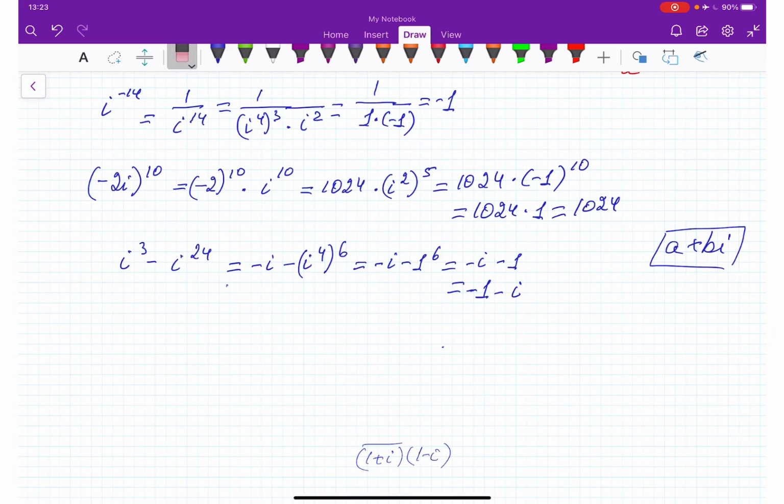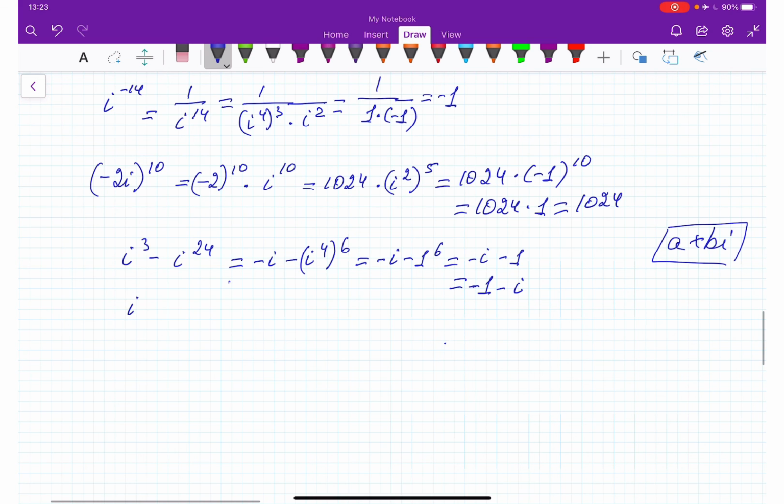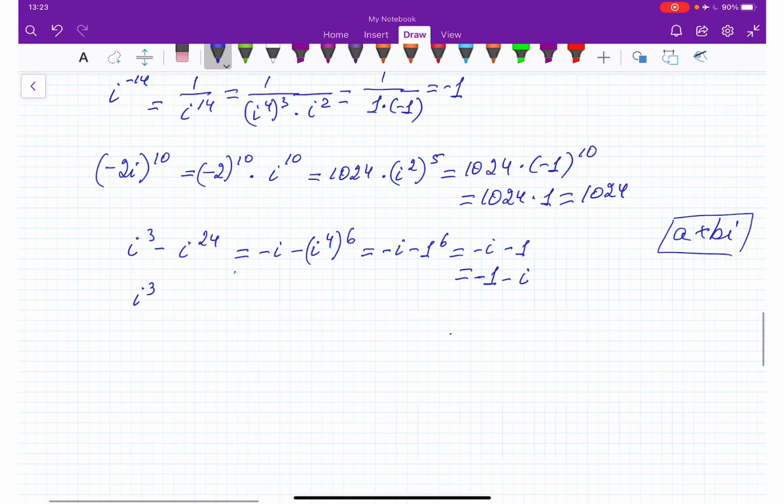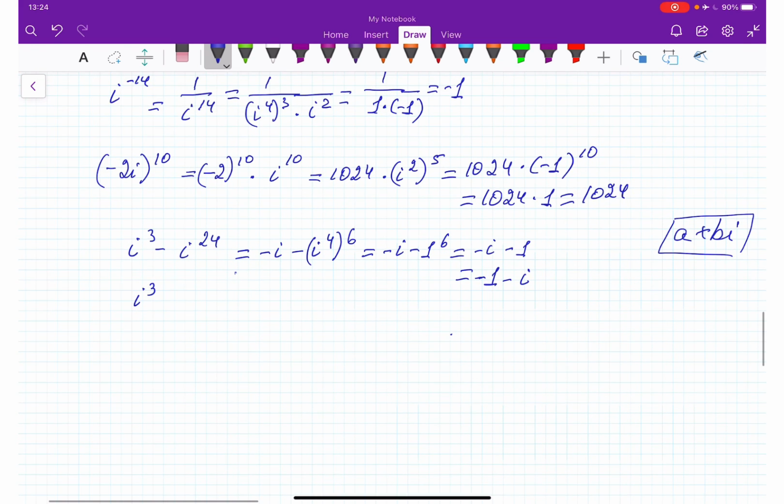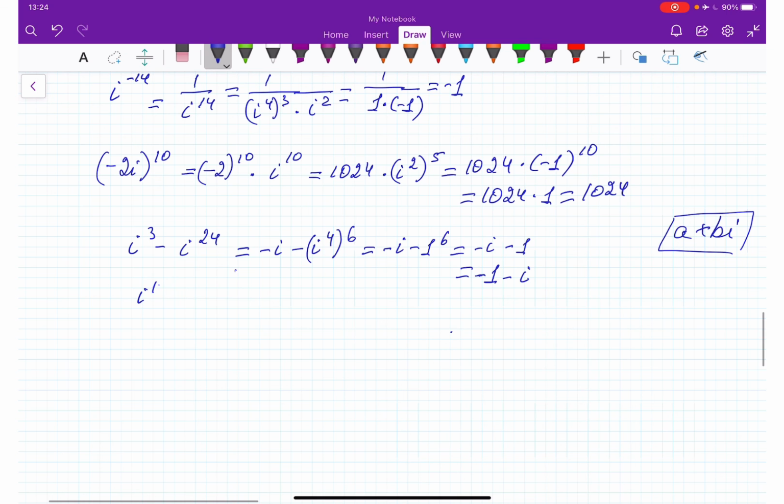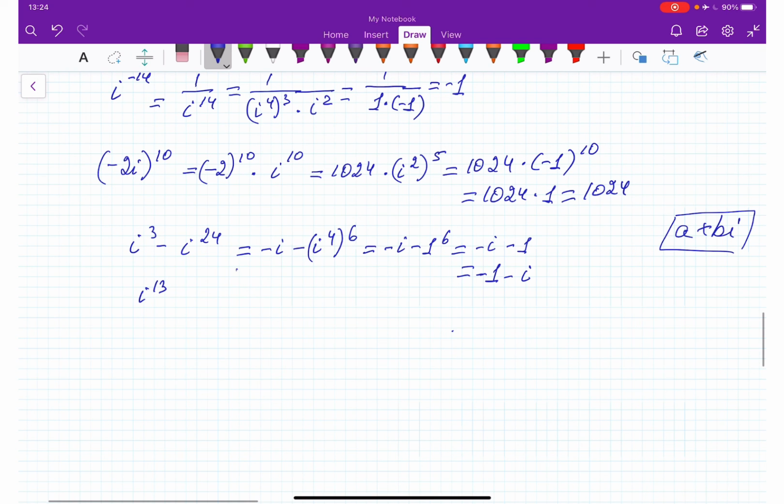And one more, let's take a different one. i to the power 13 minus i to the power 4.